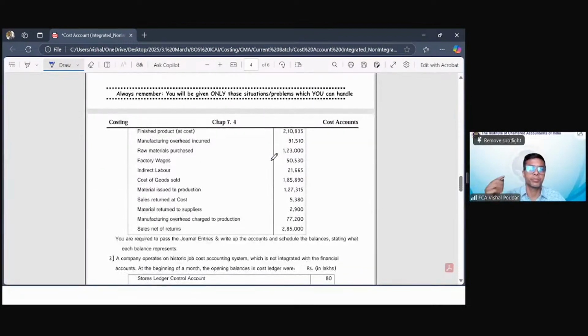Now, so I will ask you all, give me the journal entry for this. You can use short form so that it will be fast. Give me the journal entry for this first transaction in the question. Yes, students, give me the journal entry.